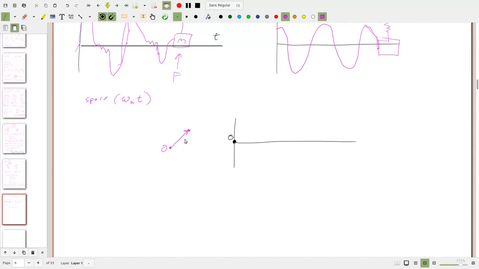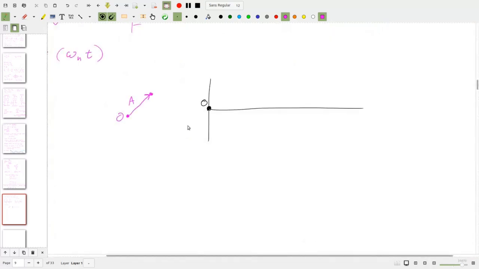So let's model a vector, and this point. Our vector has a length A, rotating at a constant angular velocity, omega n.